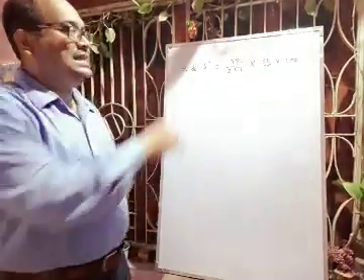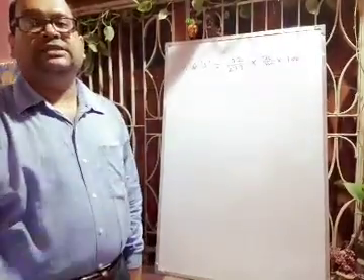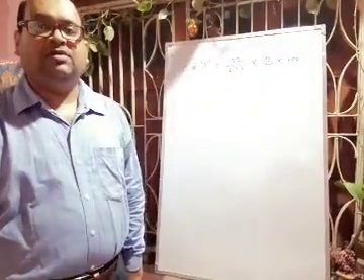What is x here? x is the weight of the barium sulfate, and w is the weight of the organic compound.